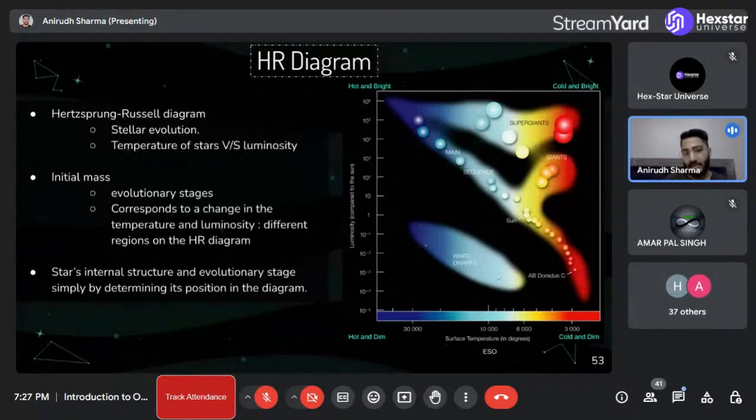It tells us a lot about a star, maybe about how massive the star is, maybe about at what age the star is in its life cycle, and we'll study about its life cycle as well very shortly. But it tells us a lot about these kind of properties of star and how massive it might be, if it is in some special phase of its life, etc.